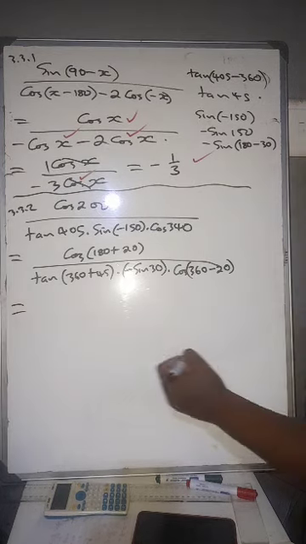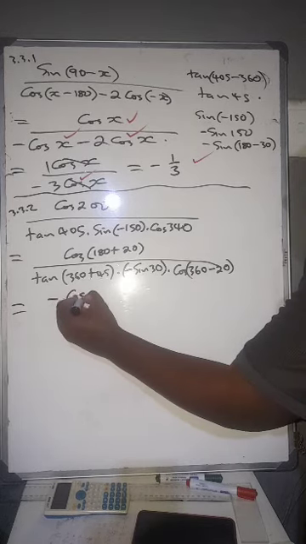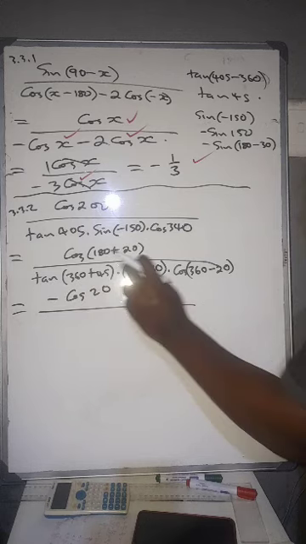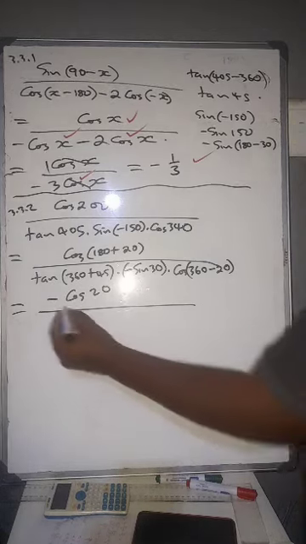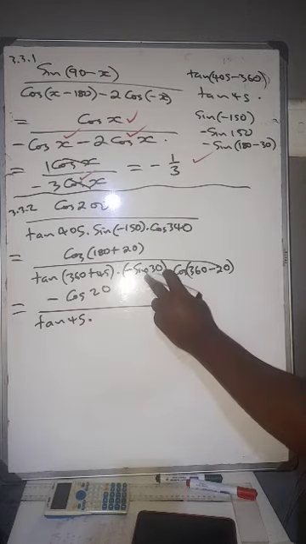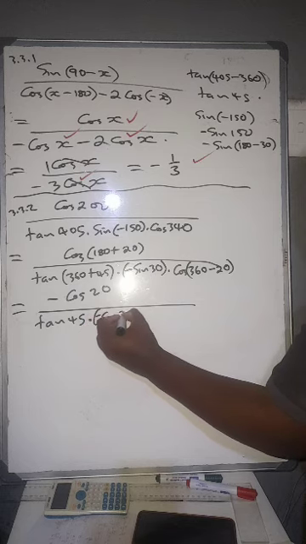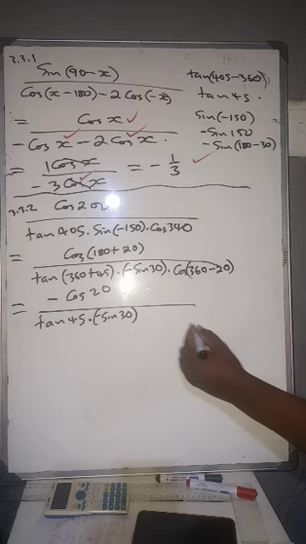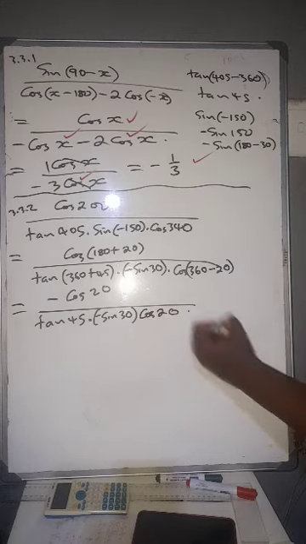And then simplifying them, we are going to have, this is third quadrant, so it's negative cos 20 over tan of 360 plus 45. We saw that here it's tan 45, and then negative sine 30 there, and this one is the fourth quadrant. Cos is positive there, so it's cos 20.